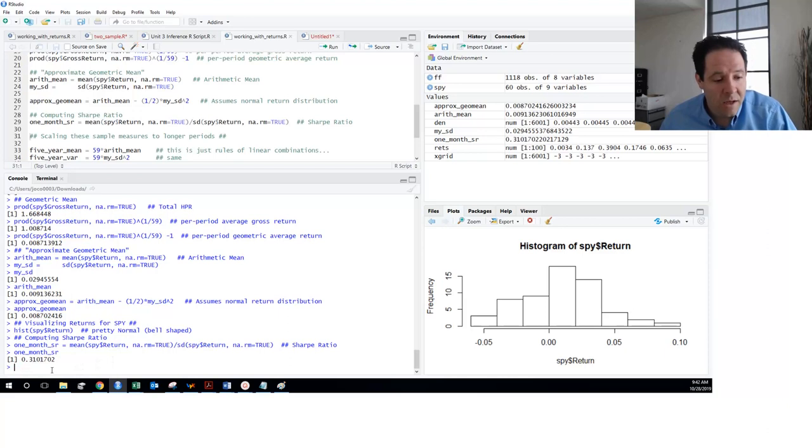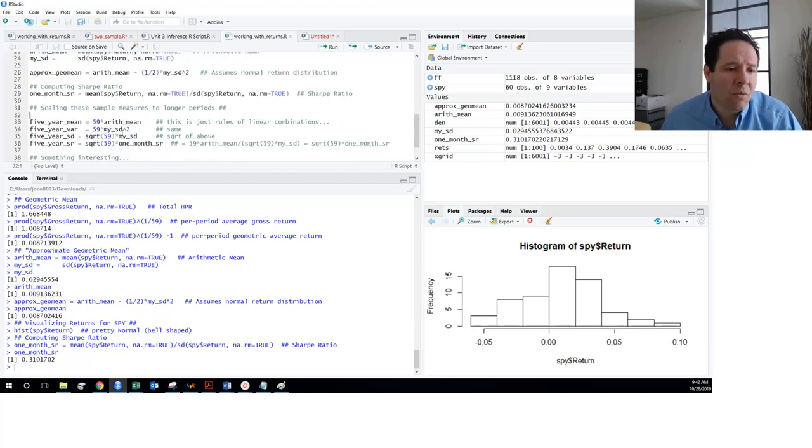Well, in the data, it was 0.31. Now, we may be interested in, well, what if I held this for that whole period? So let's imagine that we do this for a longer holding period. And I want to find out, well, what's my 5-year mean?